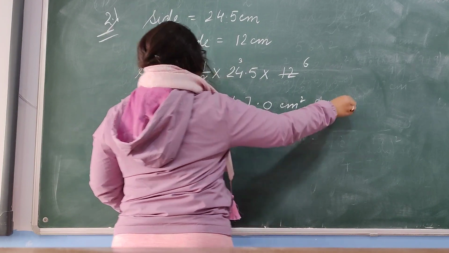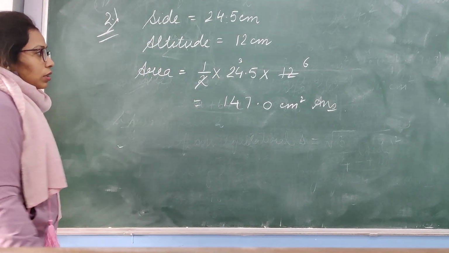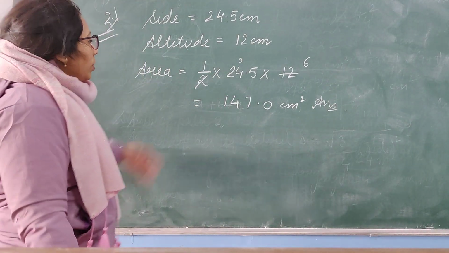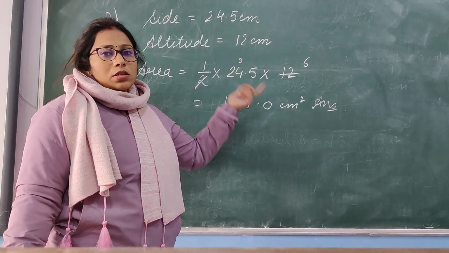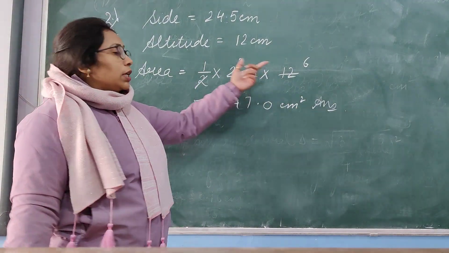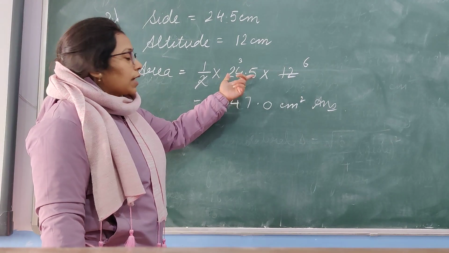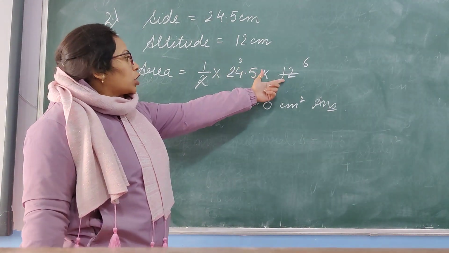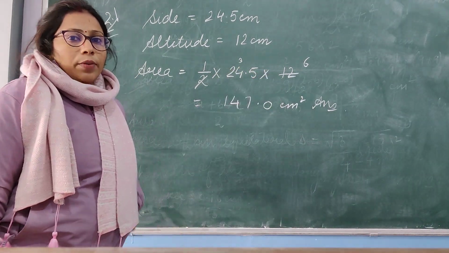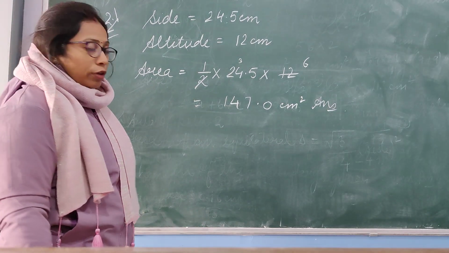I hope it's clear. We have just simply substituted the value of the side, that means the base, and the corresponding altitude. I hope the question is clear to all of you.